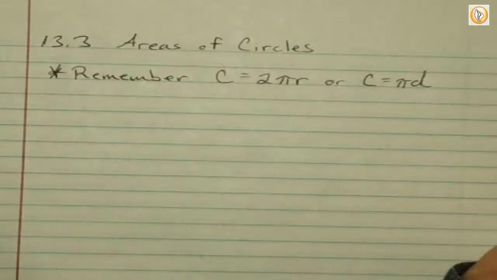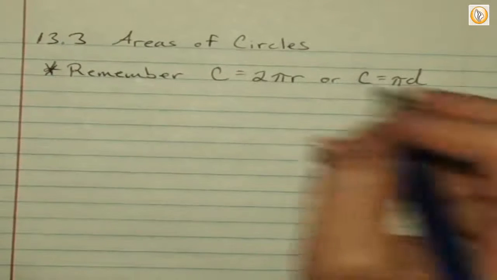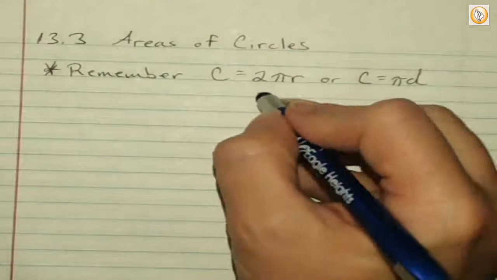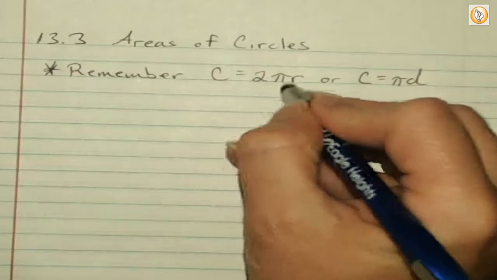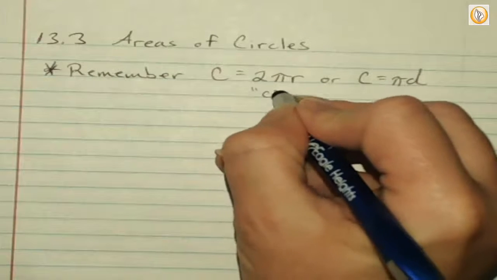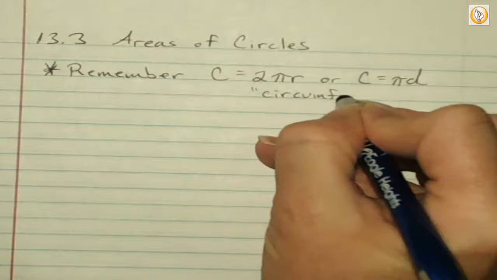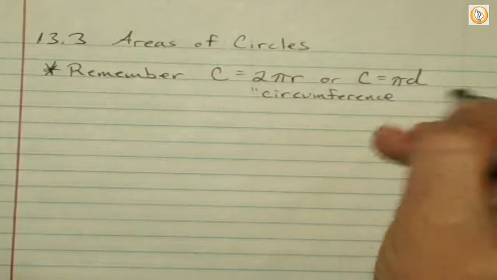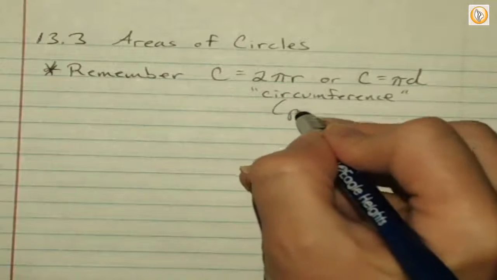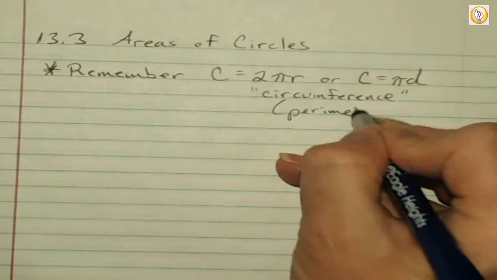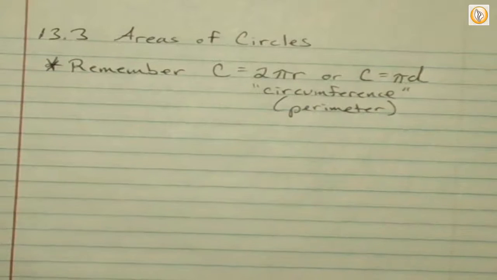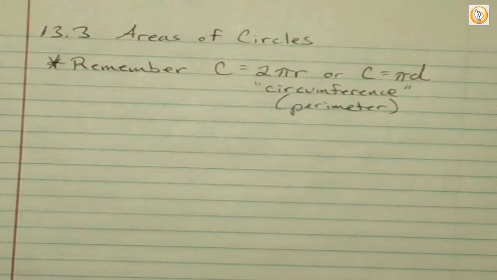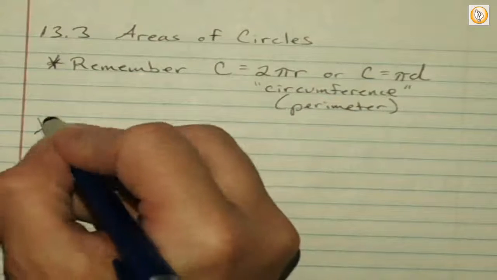Remember that? That was the circumference, which is really the perimeter, the distance around the circle. Well, today we're doing area.